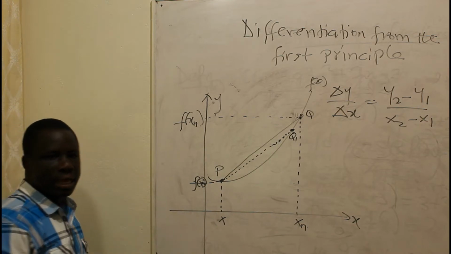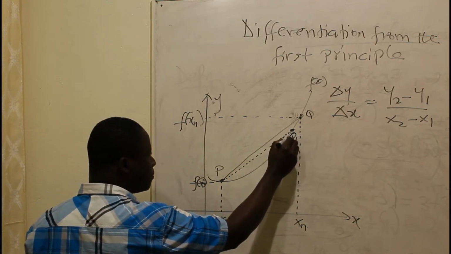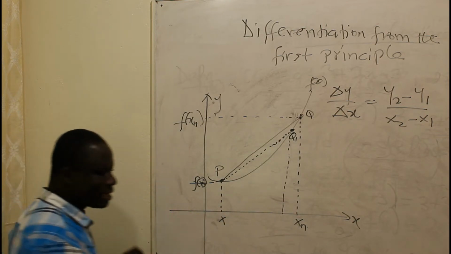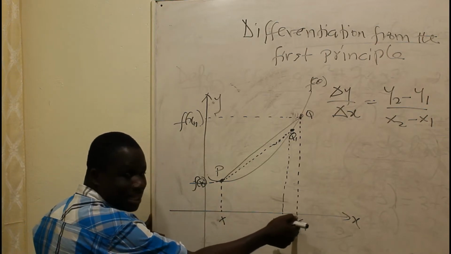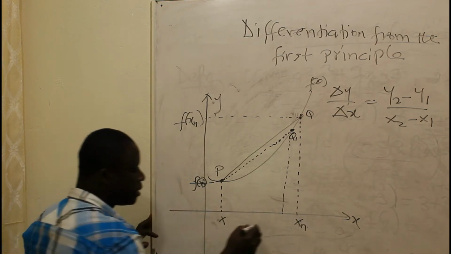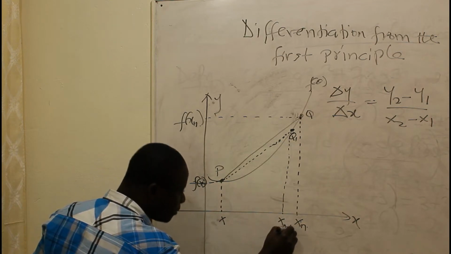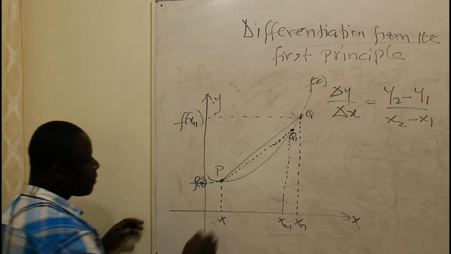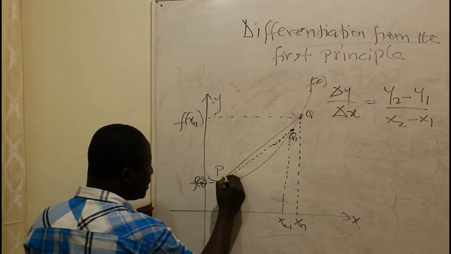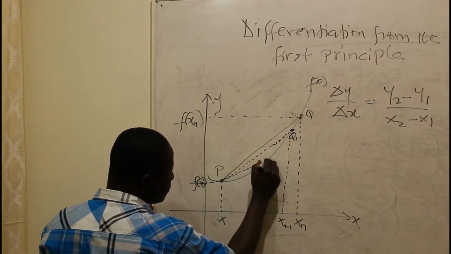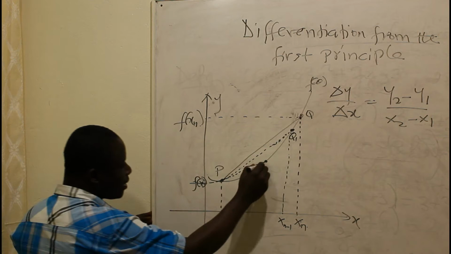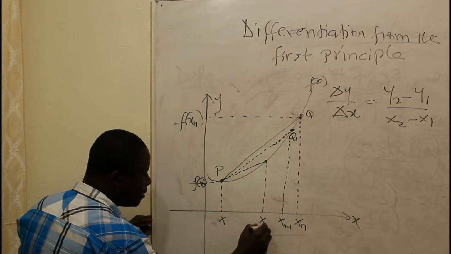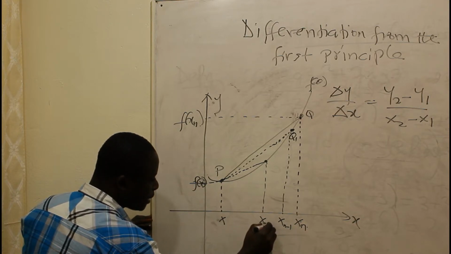In that case, if you look for the corresponding value on the x-axis, you will see that x is reducing from the original xn backwards. So let's call this one xn minus 1. Again, if I begin to push, maintaining the position of P, x is also moving from xn minus 1 to xn minus 2.